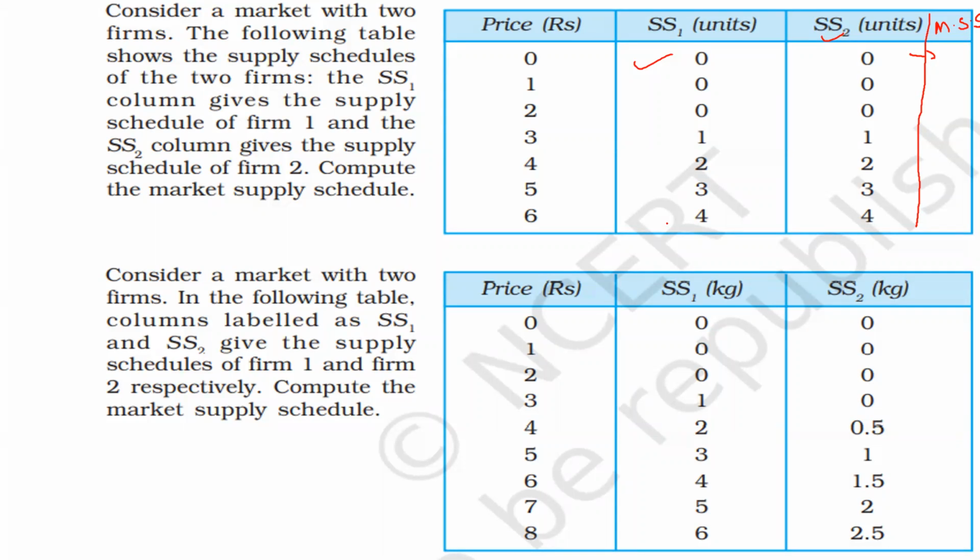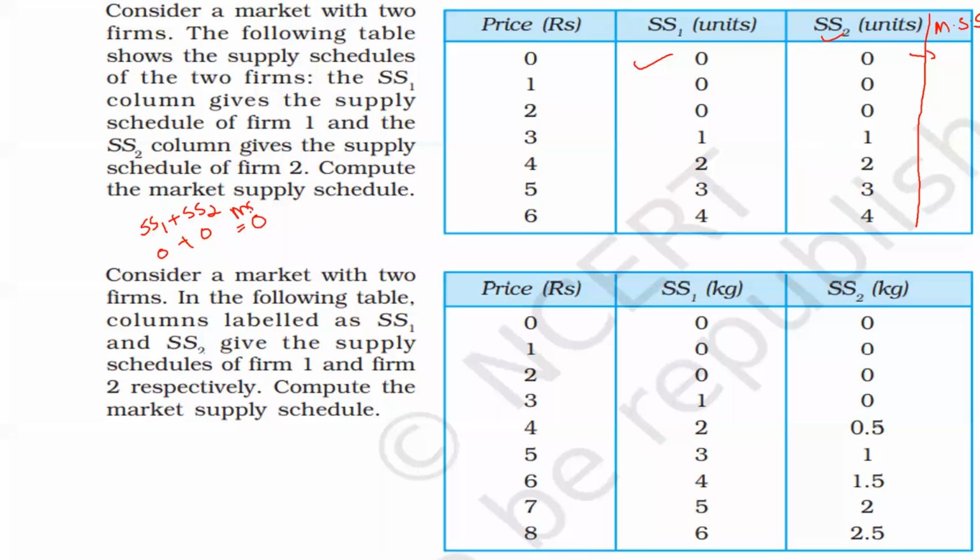Yes, Pooja, very good. We have to add SS1 plus SS2, the supply of the first firm plus the second firm. SS1 is 0, SS2 is 0, which is equal to 0.